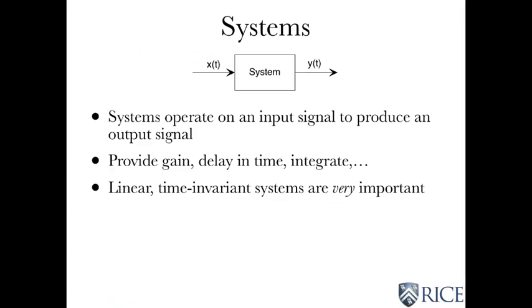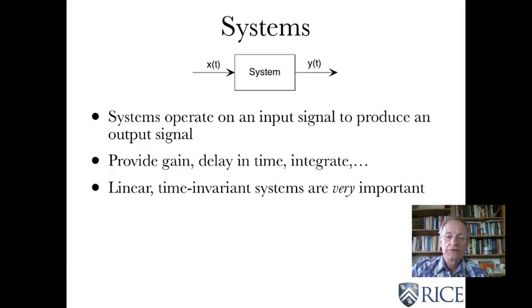Well, okay. We now know a lot about systems. What systems do is they operate on input to produce an output for some reason. You might want to amplify it. You might want to delay the signal, take its derivative, whatever. And that's what systems do. They can do all kinds of things to signals that are interesting, and by building up structures of simple systems, you can make something that's a lot more complicated than any of the components.